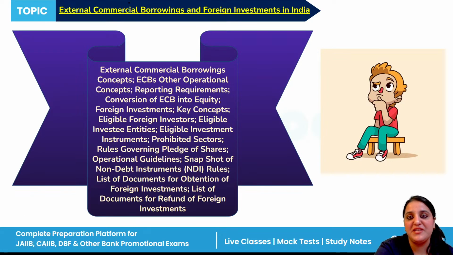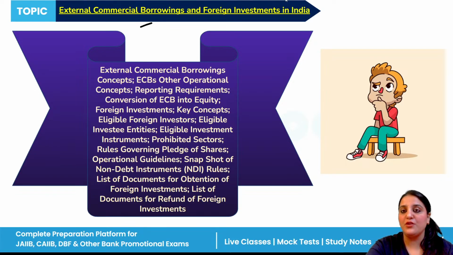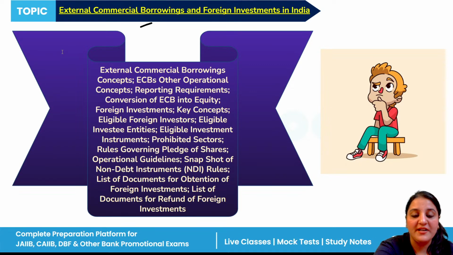Then we have ECB. What is external commercial borrowing? If I give you a little overview, because here I can give only an overview about the ECB, external commercial borrowings. This we can say is a type of borrowing or a type of loan, right?